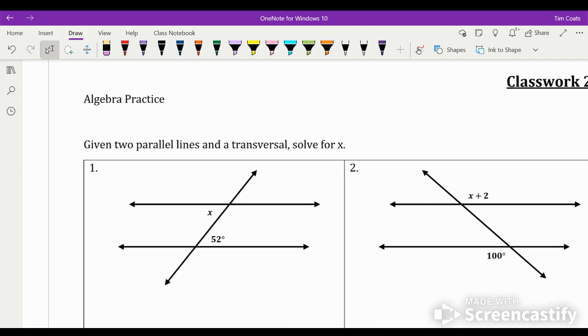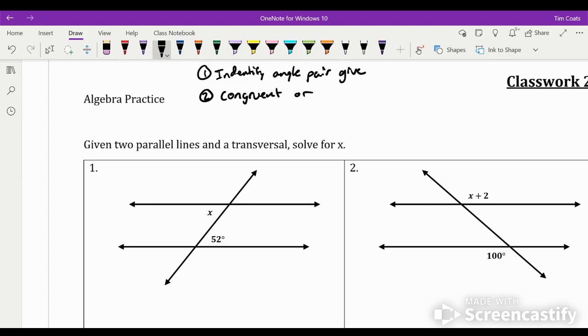Okay, very easy on how to find this. So number one, we have to identify the angle pair that we're given. Then, once you know that, you have to remember, okay, does that mean it's complementary, congruent, or supplementary?